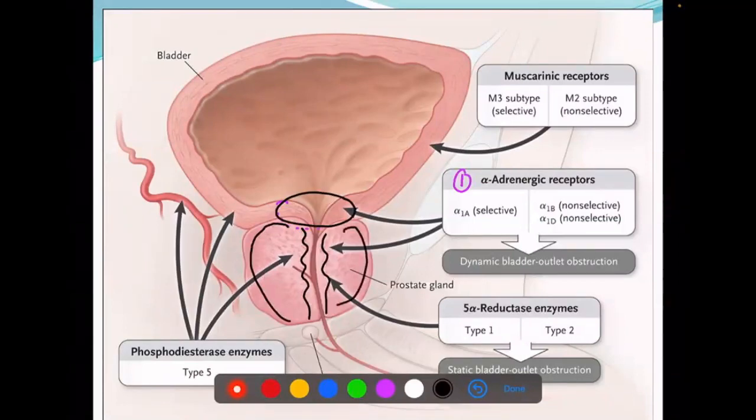So we use alpha blockers, especially alpha 1A blockers, to relax the bladder neck and smooth muscle of the prostate. These drugs are the first choice, which relax this area and relieve the obstructive symptoms, especially dynamic obstruction.